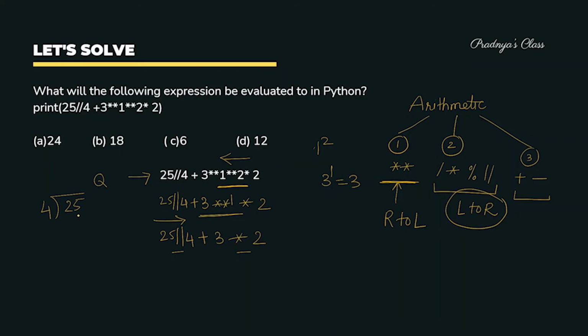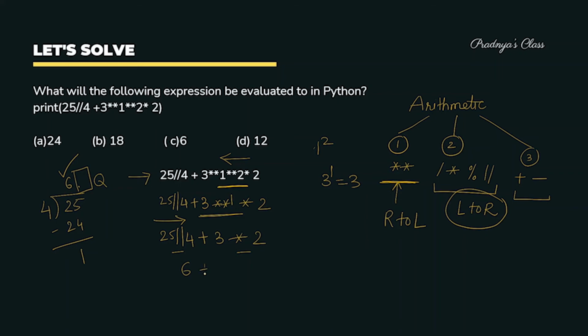So if we divide 25 by 4, we will get 4 6 24 and the remainder is 1. I should actually continue this division, but it is of no use. Anyhow the floor division will truncate this fractional part. So I'll get the answer 6 here.